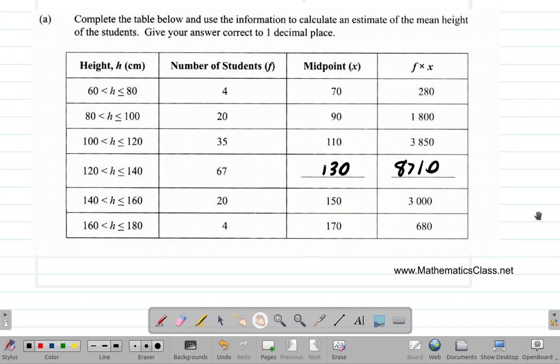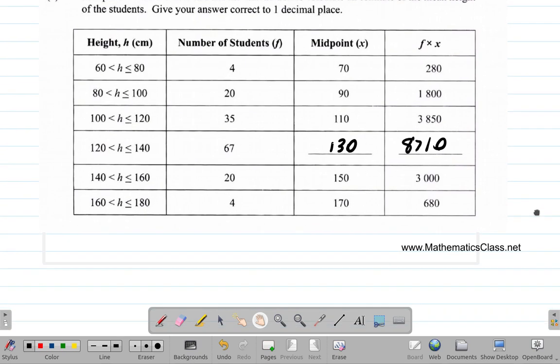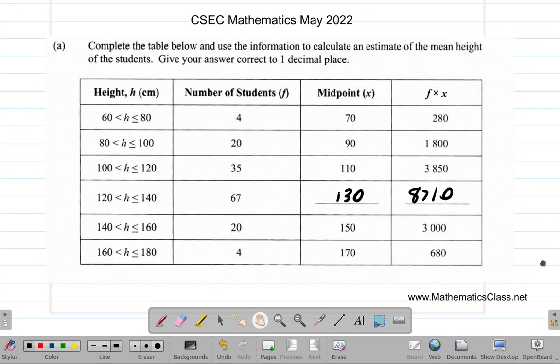Let us see. First of all, the mean is the mean height. These are not the numbers you're going to use to calculate the mean.